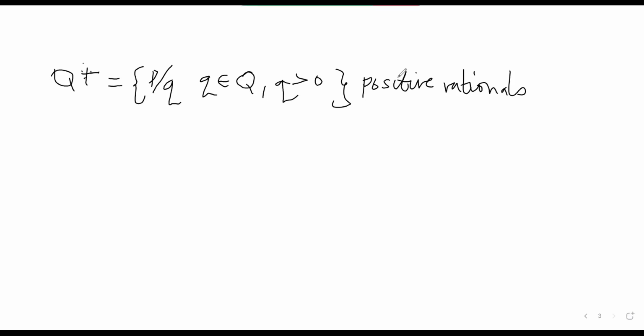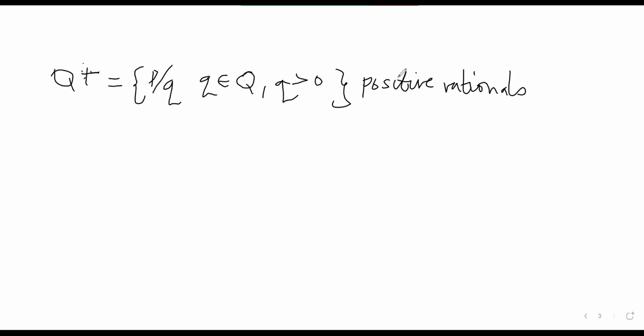So if you're looking at the positive rationals, this q is greater than 0. But for the other rationals, q is a member of integers. Integers can be negative. Only that q must be not equal to 0. So it can be less than 0. It can be a negative value.